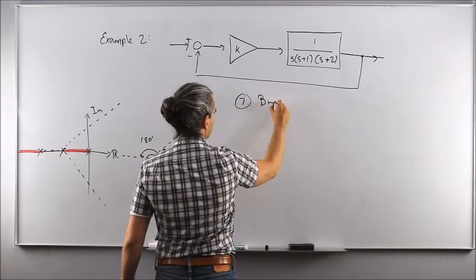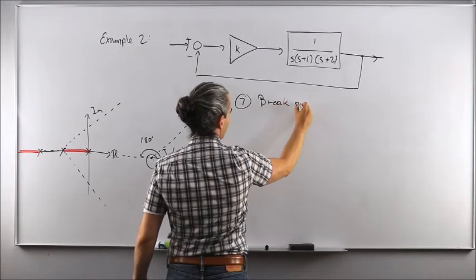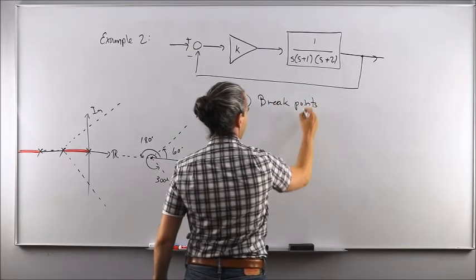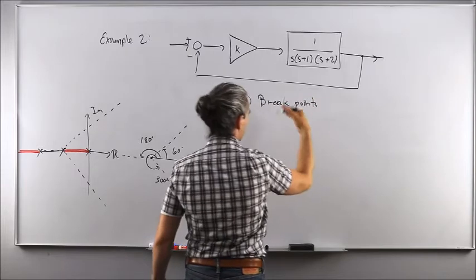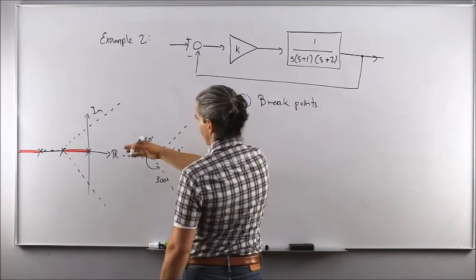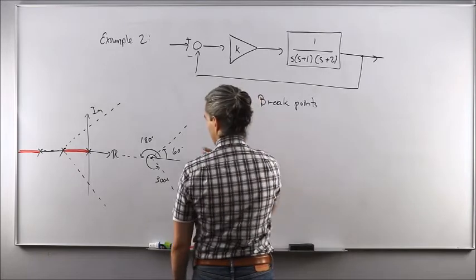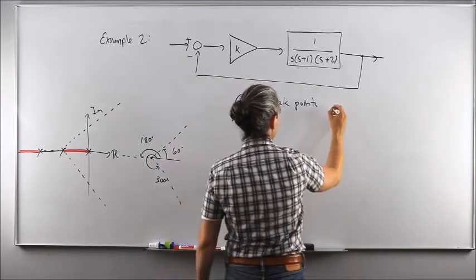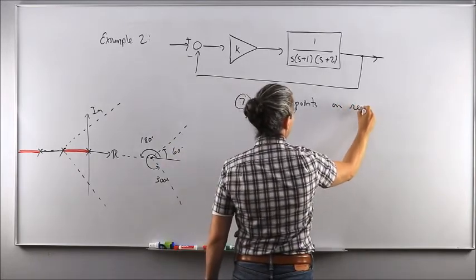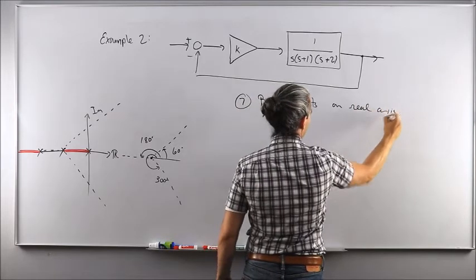I'm just going to say break points. I can figure out later if they are breaking away or breaking in. But just from what you see, there are probably breakaway points because everything is already starting on the real axis.